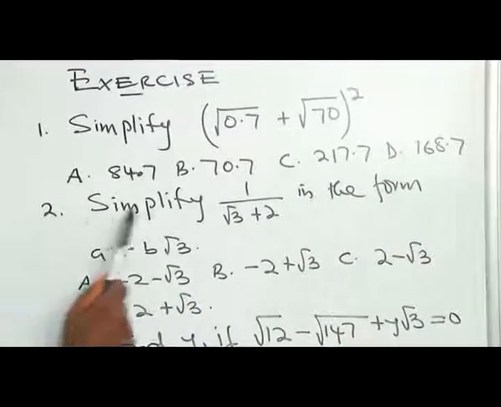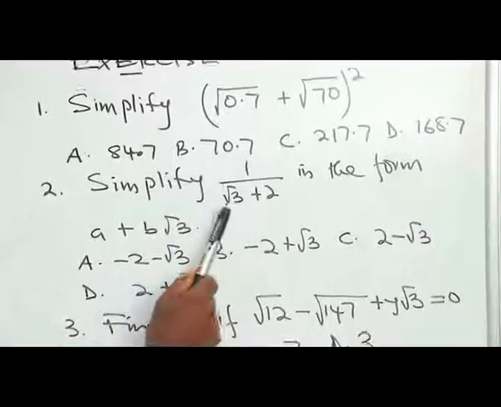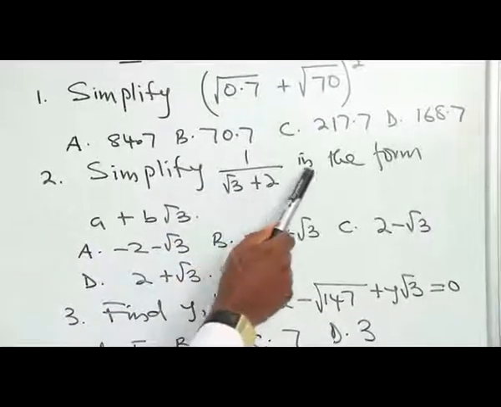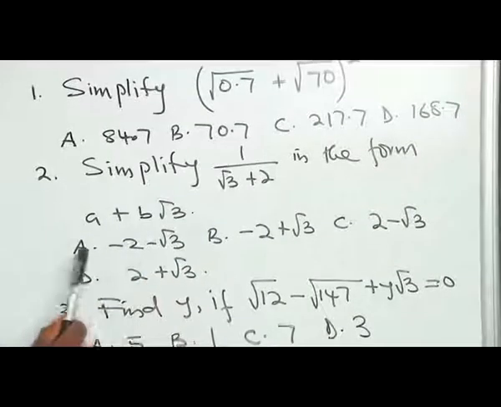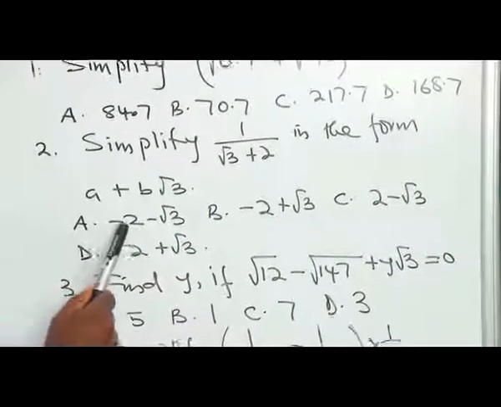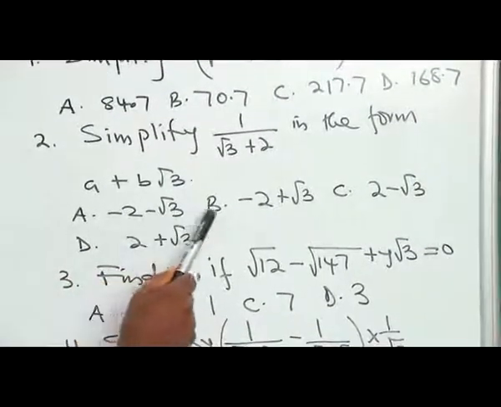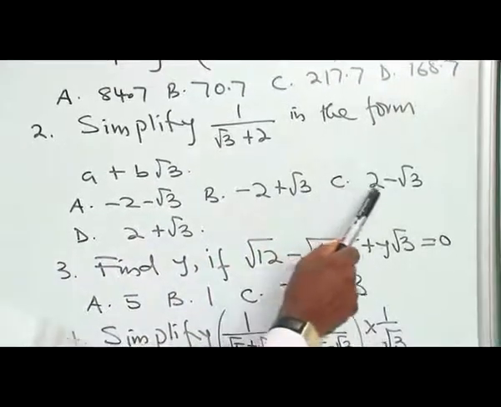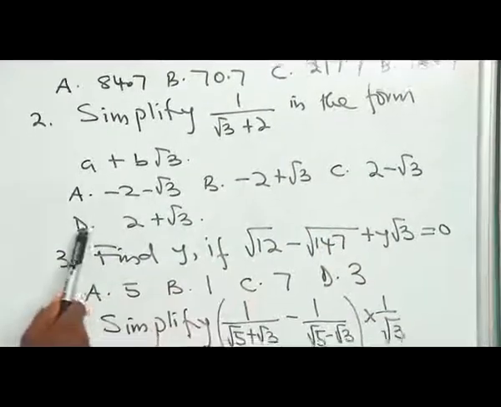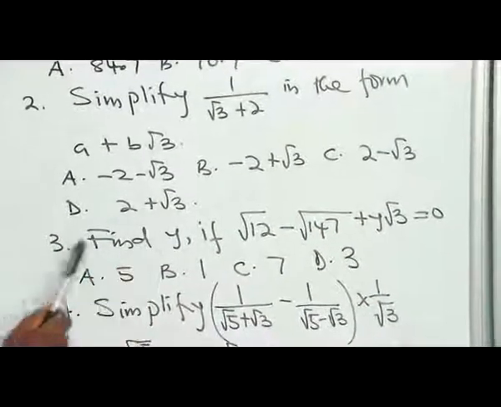Number 2, simplify 1 all over root 3 plus 2 in the form A plus B root 3. Options are A, minus 2 minus root 3, B, minus 2 plus root 3, C, 2 minus root 3, D, 2 plus root 3.